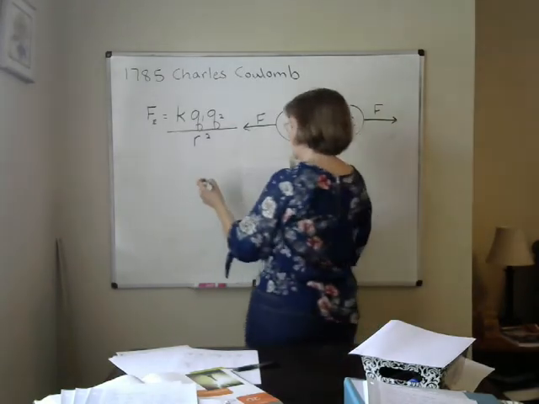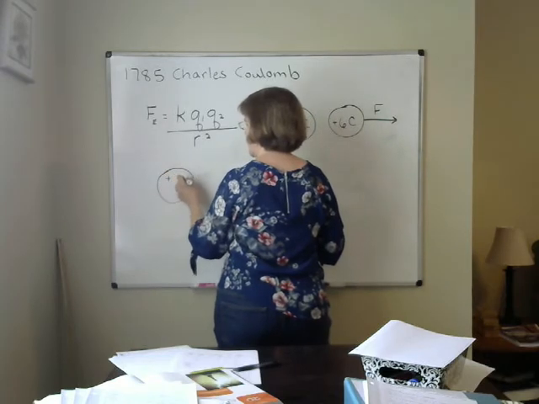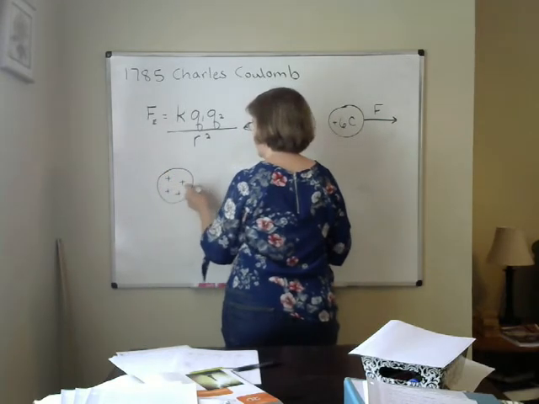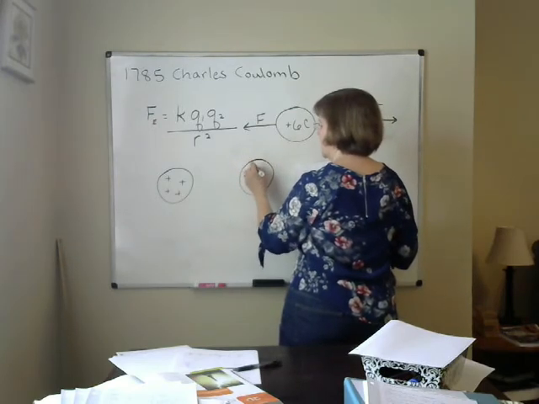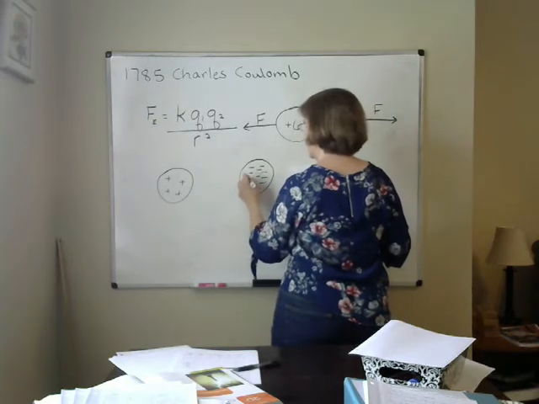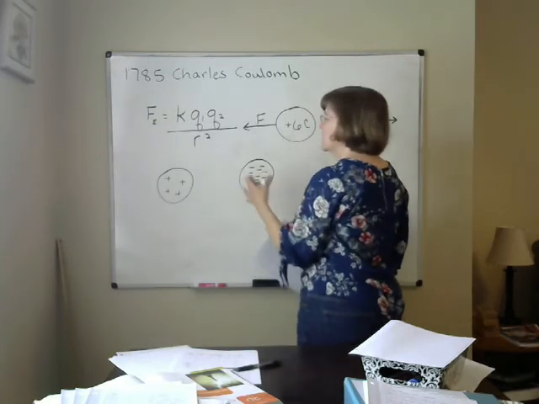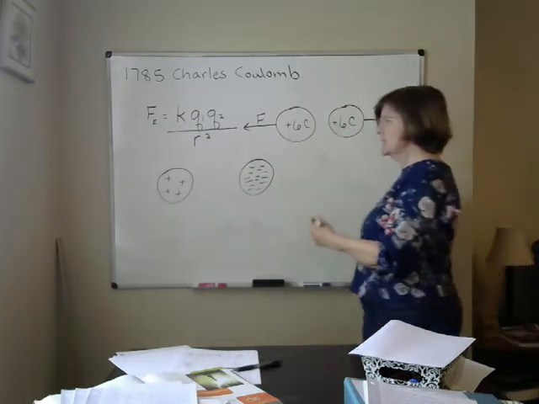So even if we had a situation where we only had a small amount of positive charge, same size object, but this object has a whole lot of negative charge. Well, this is an interaction between those two forces. They're going to be attracted to each other.